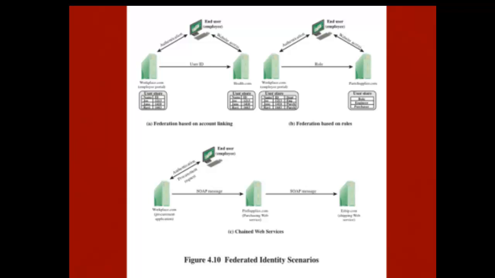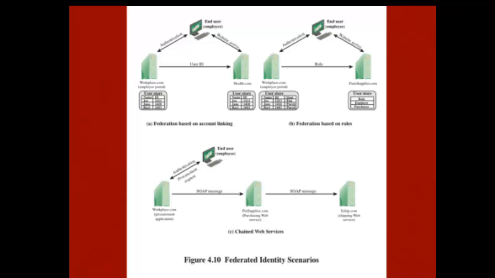When the employee clicks on a link to access health benefits, her browser is redirected to health.com. At the same time, the workplace.com software passes the user's identifier to health.com in a secure manner. The 2 organizations are part of a federation that cooperatively exchange user identifiers.